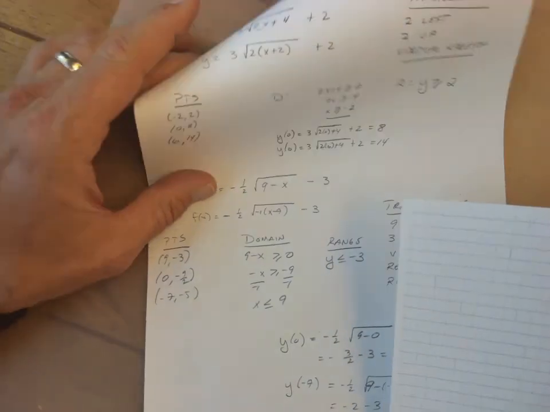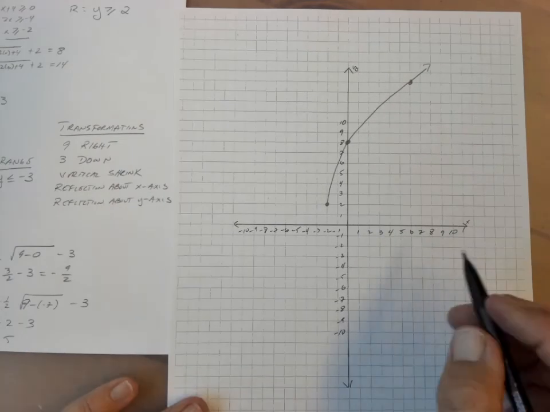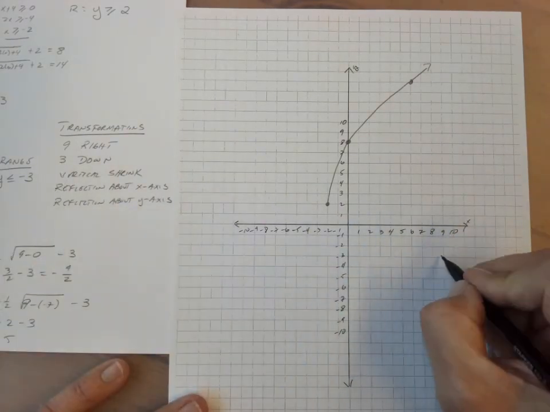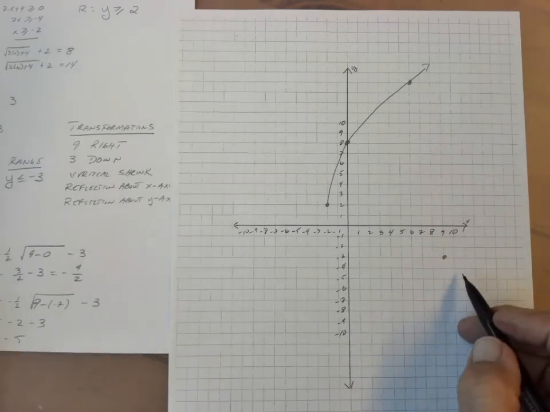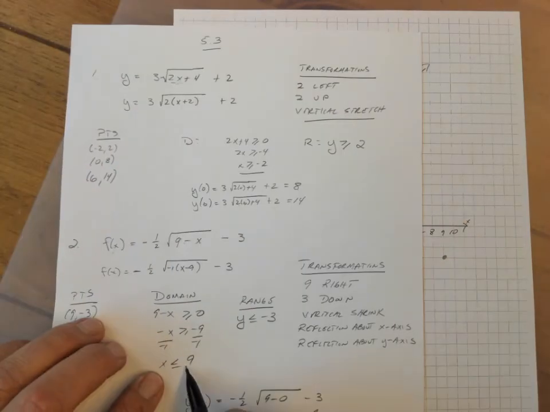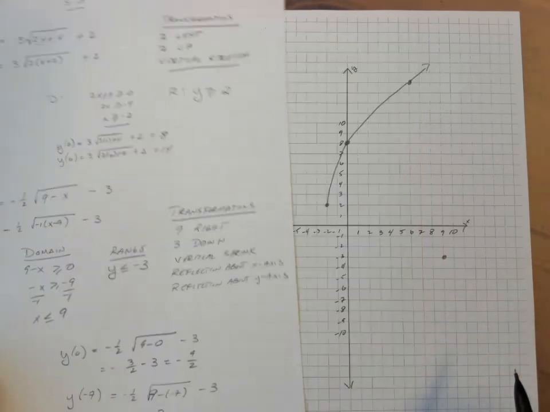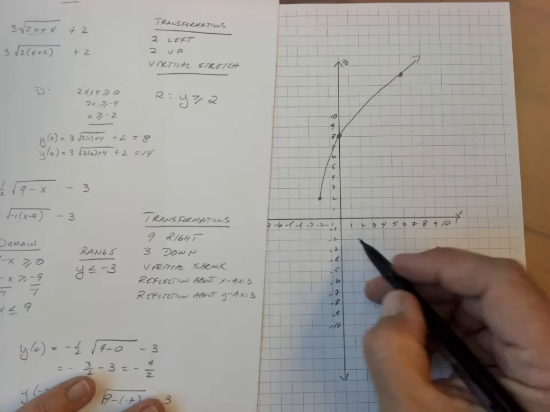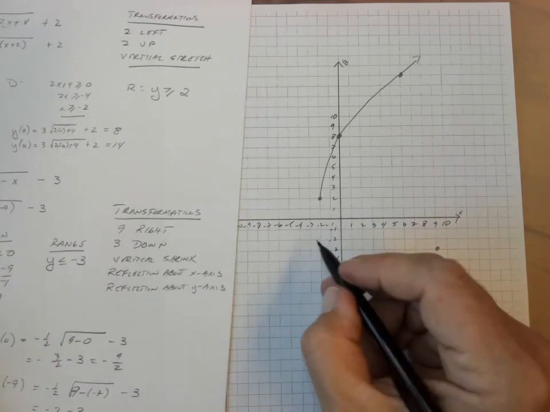All right, so bringing up the graph paper rather. We went 9 to the right and 3 down. And again, we said our domain is x less than or equal to 9, and y is less than or equal to negative 3. Here we have a few other points, 0, negative 4.5. And then negative 7, negative 5.